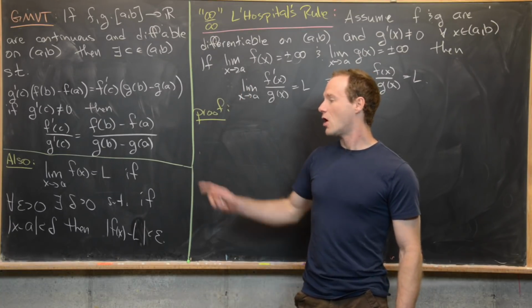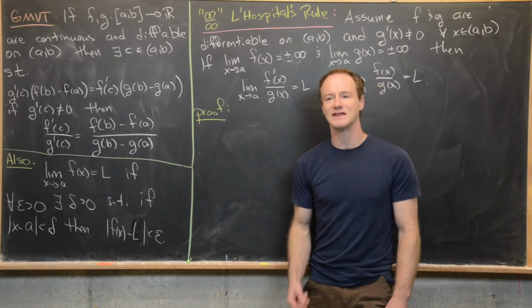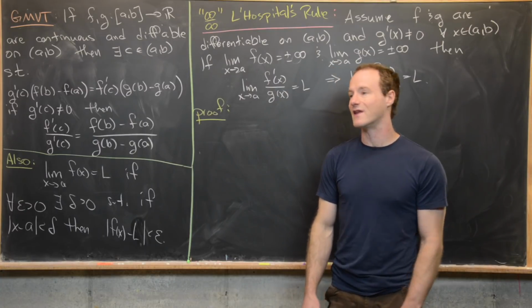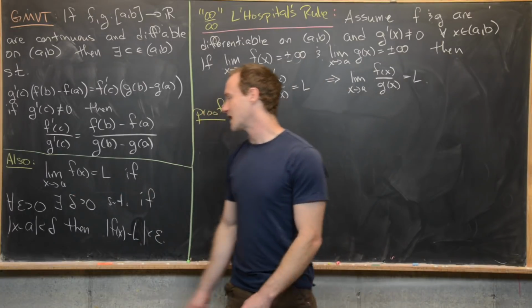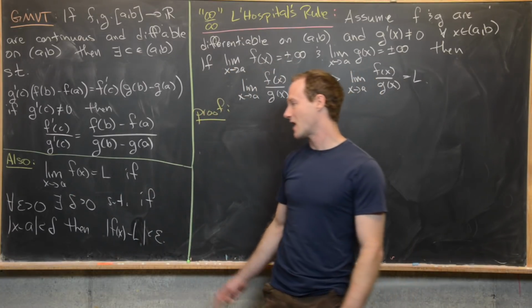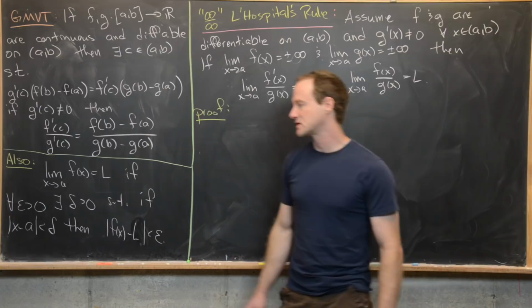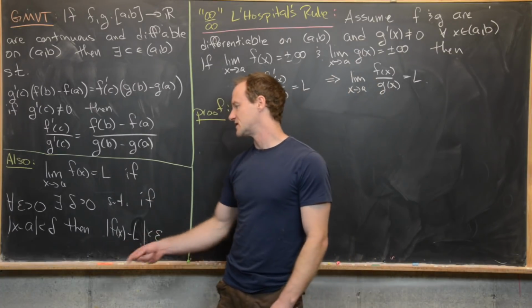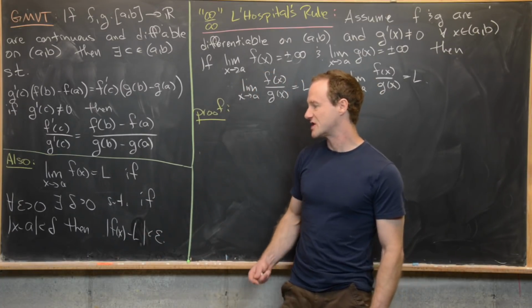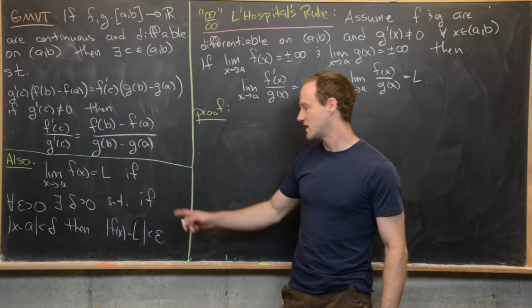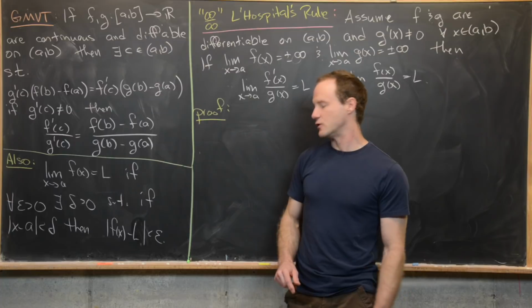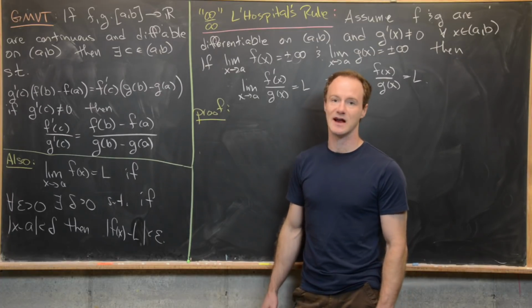Okay, and then also I'm just going to recall the precise definition of a limit because we're going to need that in this setup as well. So we say that the limit as x goes to a of f of x equals L if for all epsilon bigger than 0, there exists a delta bigger than 0 such that if the absolute value of x minus a is less than delta, then the absolute value of f of x minus L is less than epsilon.